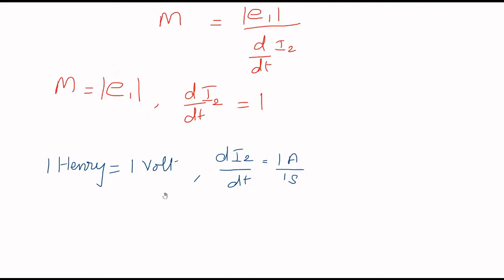Here also we define Henry. 1 Henry is the mutual inductance of the coil if 1 volt EMF is produced in the coil due to a rate of change of current in the second coil of 1 ampere per second.